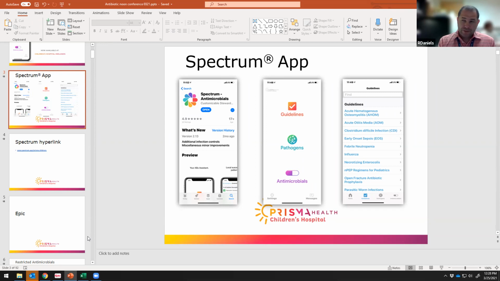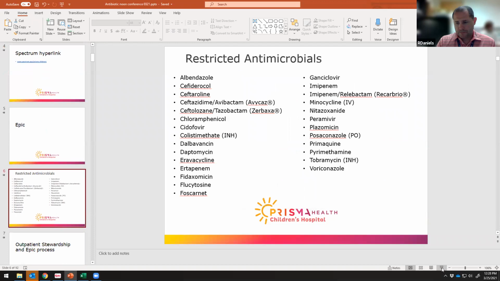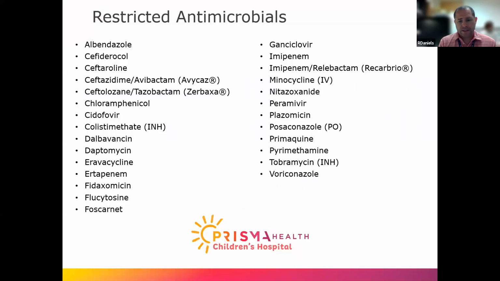There's probably been a few times that you all have seen so far that there is potentially a restricted drug that you want to use, and Epic does put more of a stop on those restricted antimicrobials, which then require you to choose either Dr. Birch or Dr. Widener's name and or myself or Andy's name for approving providers in any of these antimicrobials that you see here.